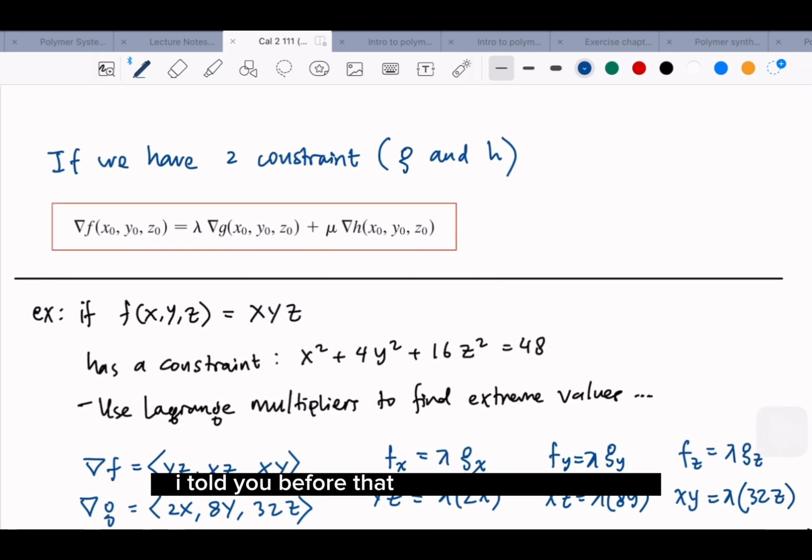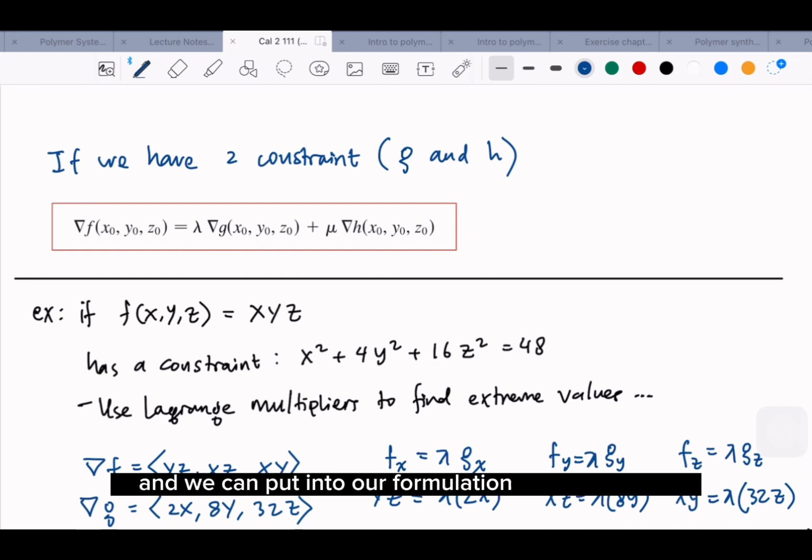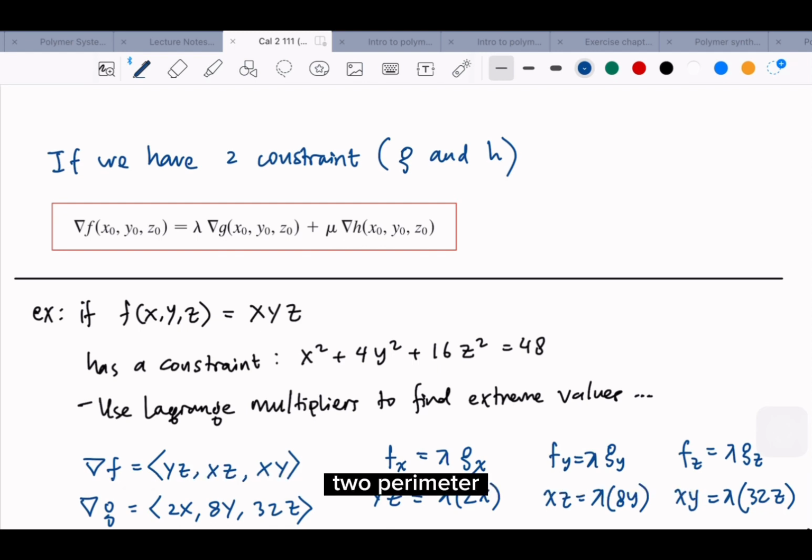I told you before that if we have two constraints, like another function g and h, each with a certain value, then we can incorporate these constraints into our formulation and it becomes two parameters, the parameter lambda and the parameter mu. This is still called Lagrange, but a different type of value. I think we can just go to the exercise and see whether we have this two-constraints type or not.